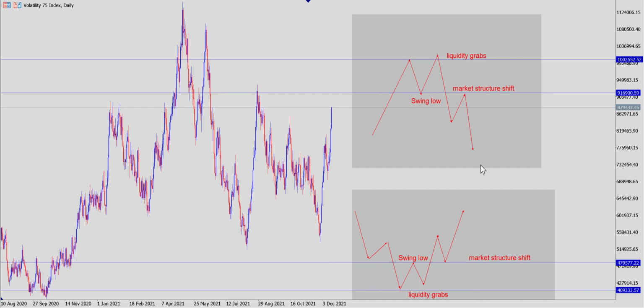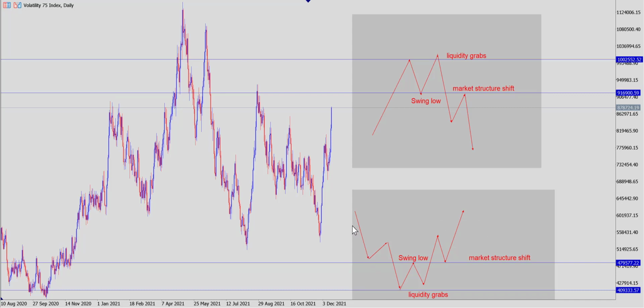Then this one here represents what we call a breaker block, and I'm going to explain how this occurs and how you can trade this kind of market pattern or market setup. Okay, so let's start with a mitigation block here.